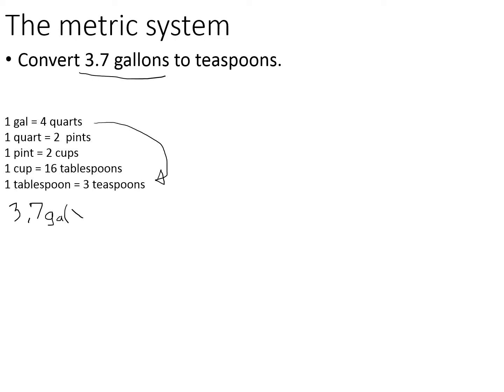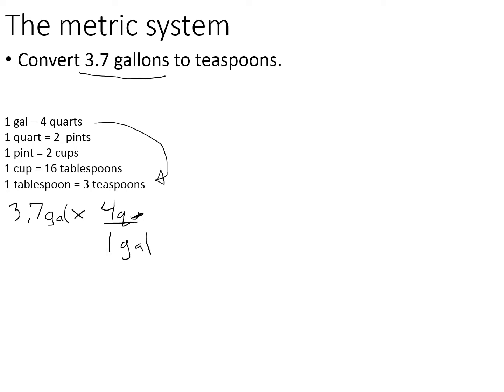How we would do that is like this, 3.7 gallons times 4 quarts. I'm not sure what the correct abbreviation is because I never use quarts because I only use the metric system in science, but 4 quarts in 1 gallon.